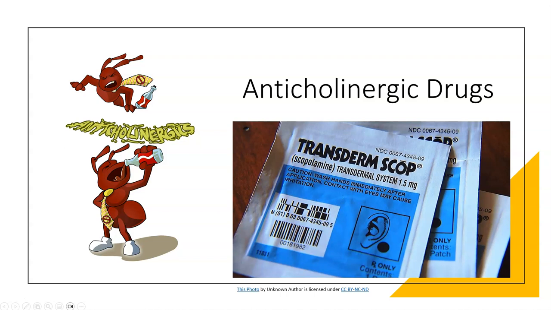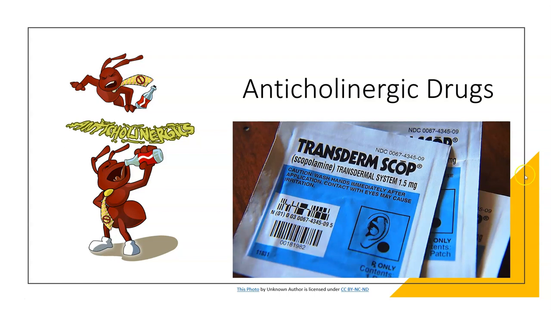Anticholinergic drugs will block the movement of the peristalsis in the GI system. The route of administration for your anticholinergic drugs, they can be oral, or as we see here in this image with scopolamine, it could be topical or transdermal. They help prevent nausea and vomiting.